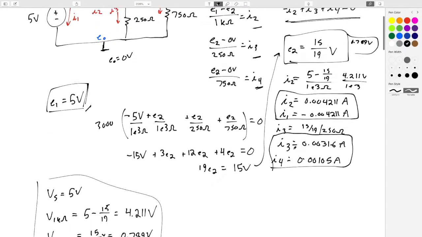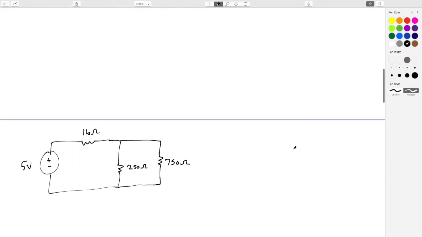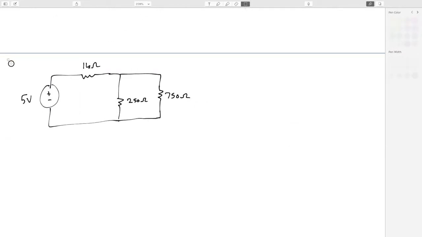Cool. Let's solve it out a different way now. I'm going to jump down here to the next one. Let me make another copy.